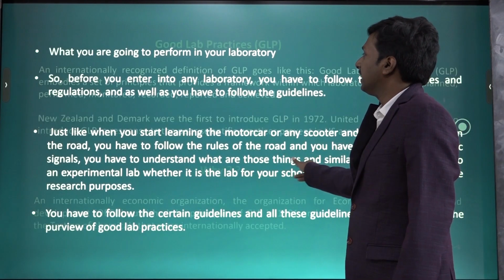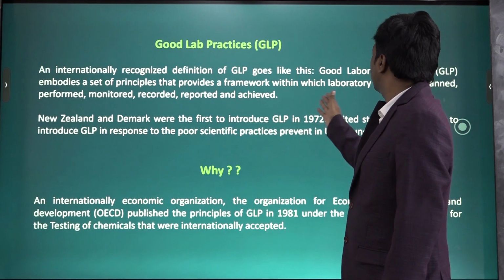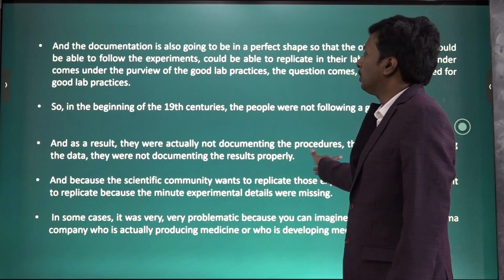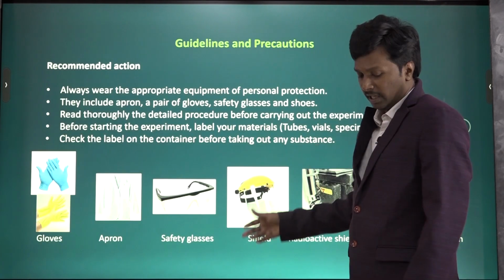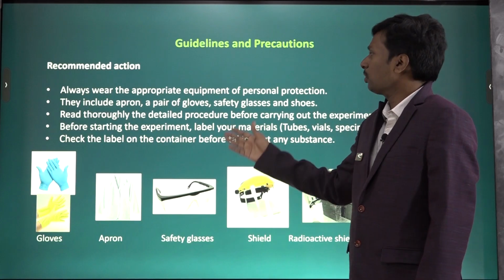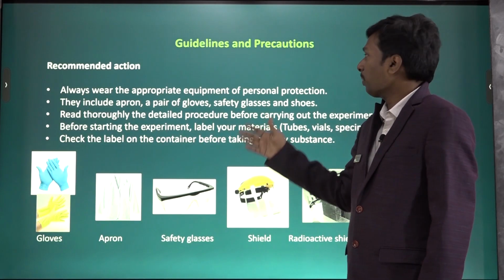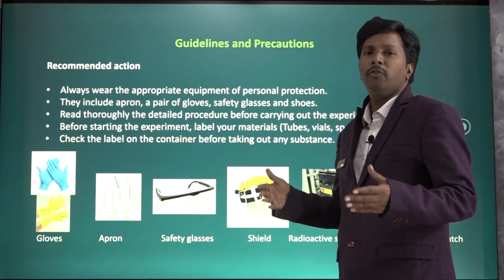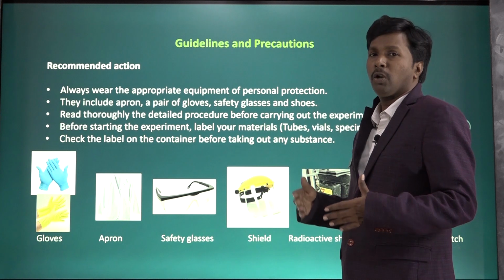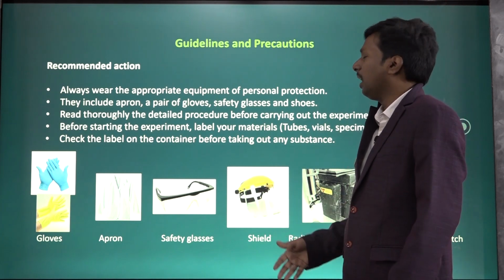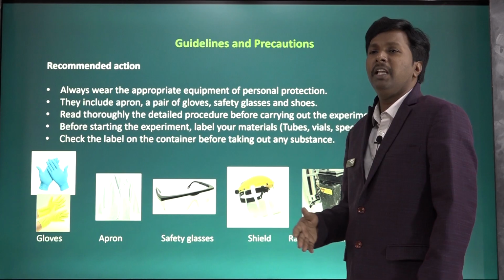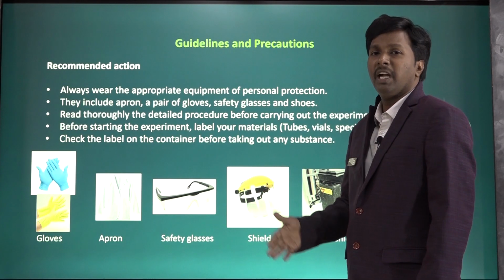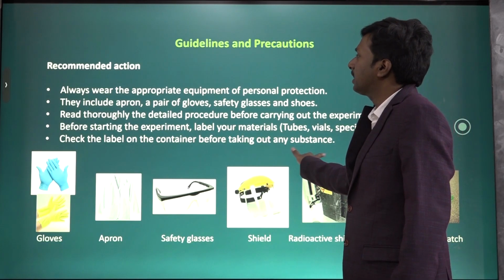Whenever we do any experiment, we have to wear appropriate protective equipment, like gloves and apron. Whatever the protocol, we have to read it thoroughly before starting the experiment. We also have to label our materials, and check the label on the container before taking out any substance.